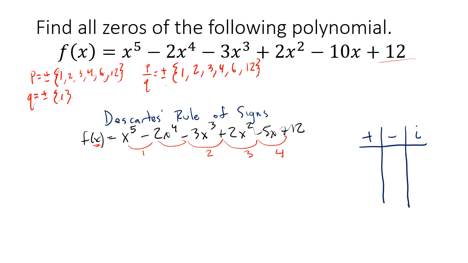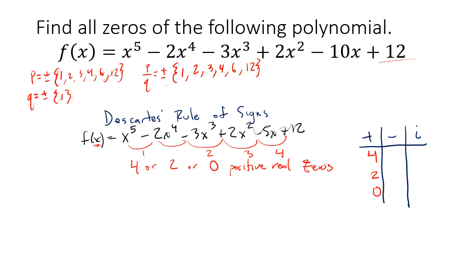So that means for f of positive x, when we count 4 sign changes, there are 4 or 2 or 0 positive real zeros. Okay, so we have the possibility of 4, 2, or 0 positive real zeros.